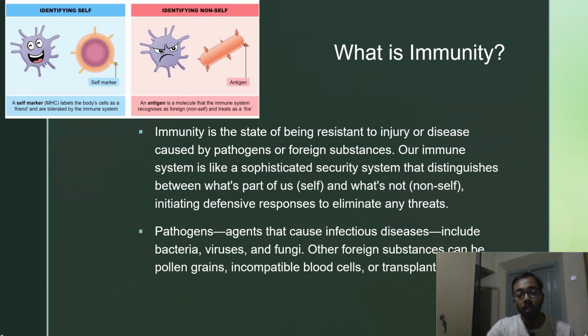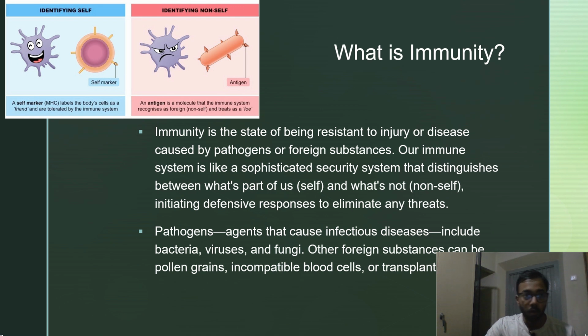Immunity is the state of being resistant to injury or diseases caused by pathogens such as bacteria or other foreign substances. Our immune system is like a sophisticated security system that distinguishes between what's part of us, which we can call self, and what's not part of us, which we can call non-self.